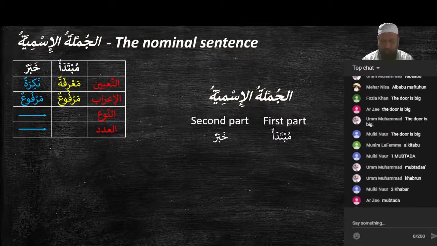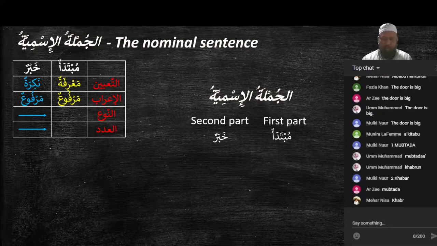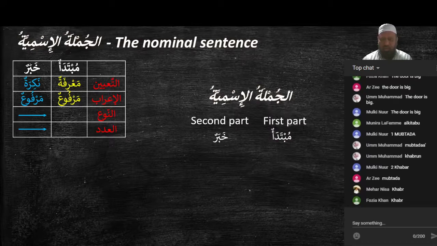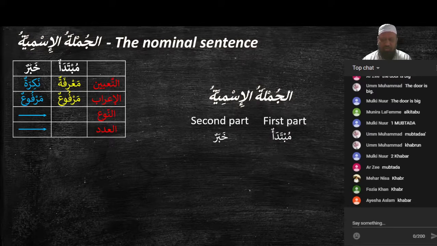Khabarun. So we need some vocabulary to make a sentence. So we need a word. Again, the word will be ism because we're doing jumla ismiya. So let's see what is the first word.